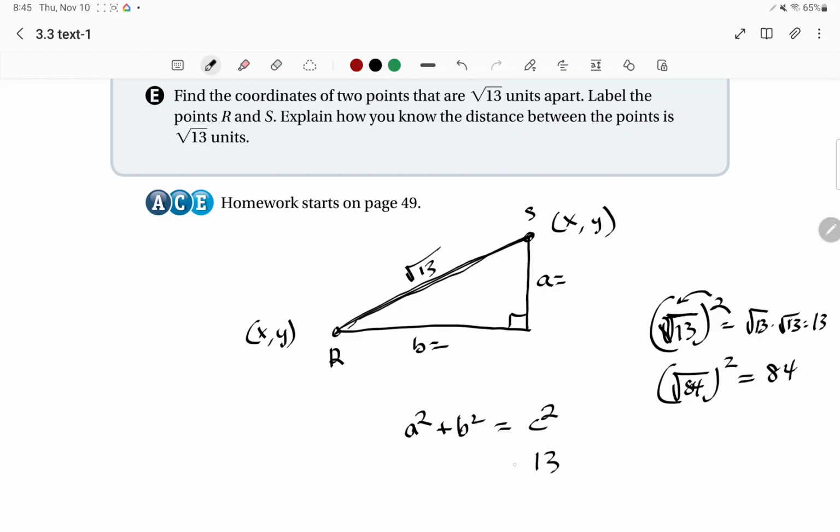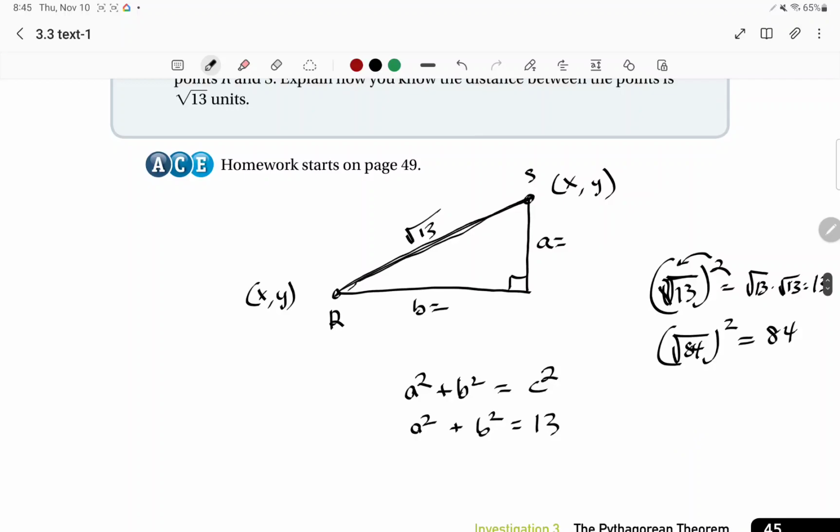So you have just 13 is equal to b squared plus a squared. So then we have to think to ourselves, well, what two perfect squares will add up to 13? And the answer, if you haven't figured this out already, pause it and try to do this on your own. 9 and 4.